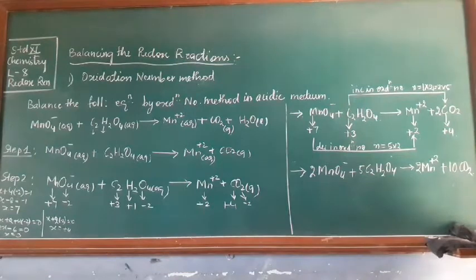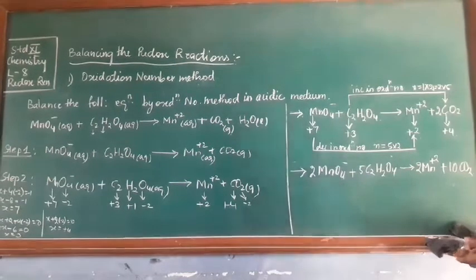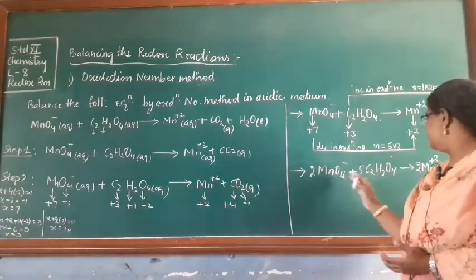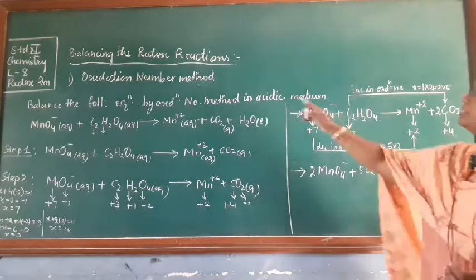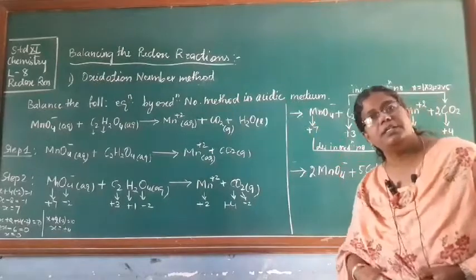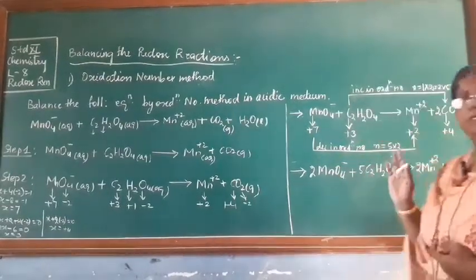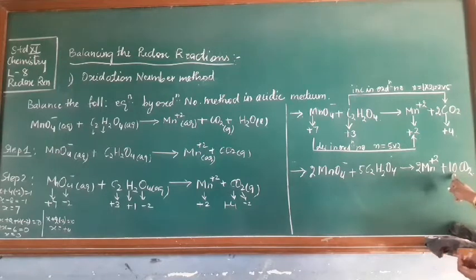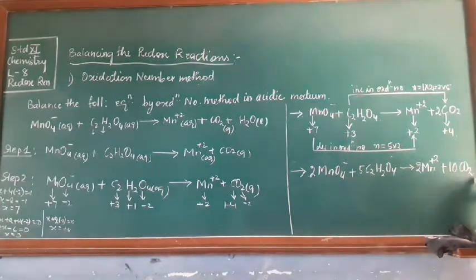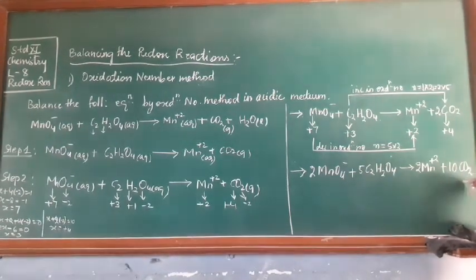Now the next step is to balance the oxygen and the hydrogen. Since there is no hydrogen on the right hand side, let us first balance the oxygen, then we can balance the hydrogen. It is also written that it should be balanced in acidic medium, so you have to use H plus ions. How many oxygens do you have?